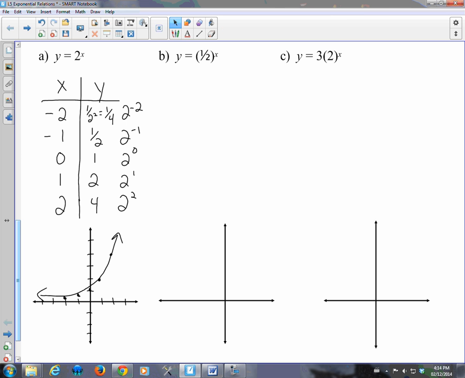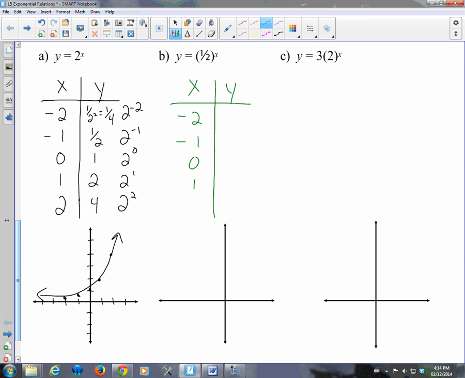And I can do the same thing with this graph. I make another table, x, y, same x numbers, and I substitute them in. If I have 1/2 to the -2, we talked about this before, flip my base around and make the exponent positive.